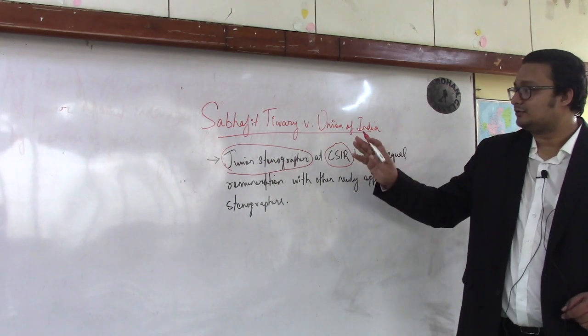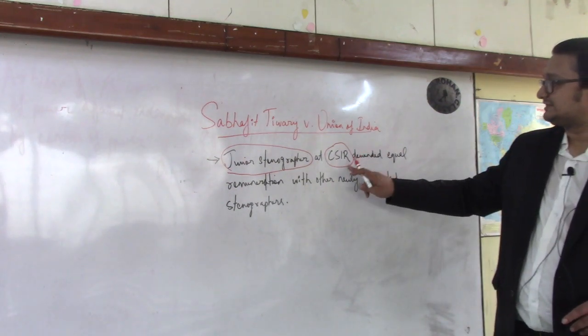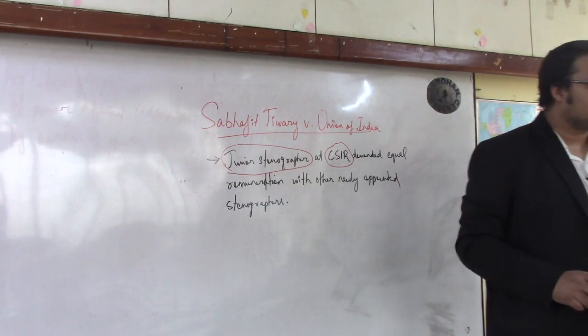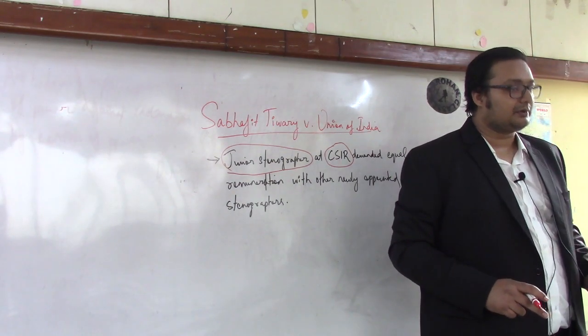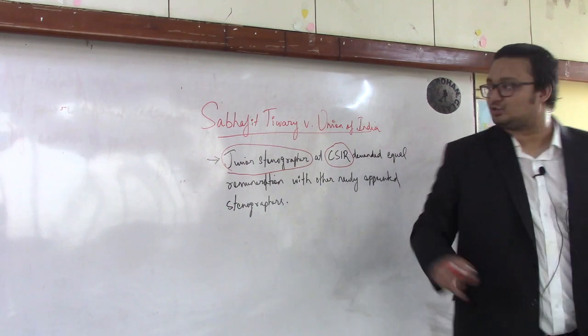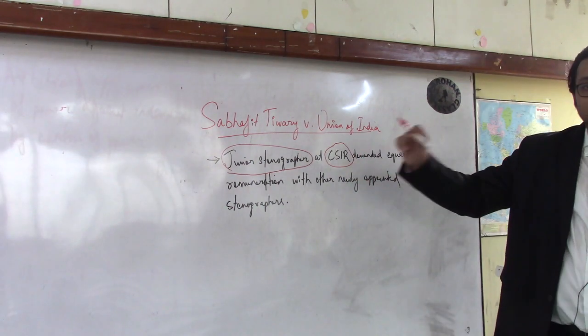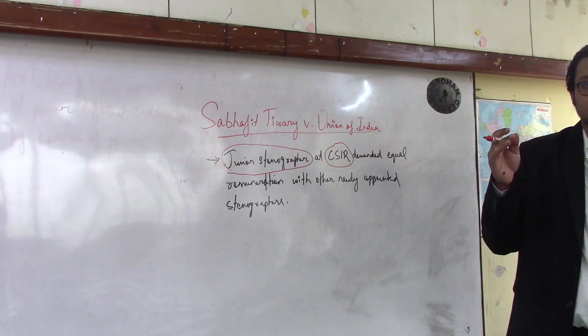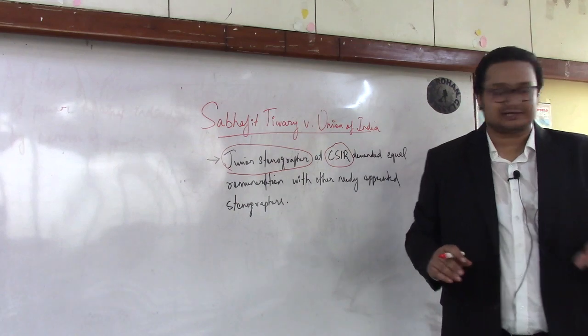Now, for our principle to apply, CSIR has to be an instrumentality of the state. Okay? But to answer this question, we need to know the nature of CSIR as a body, right? Is everyone following me till now? Okay. We need to know the nature of CSIR as a body.